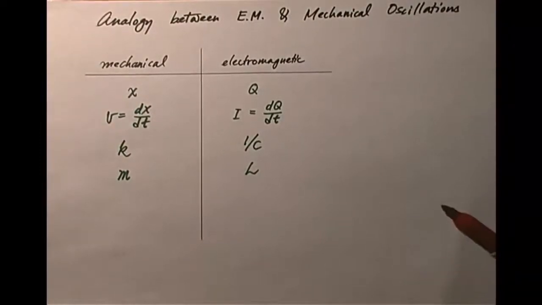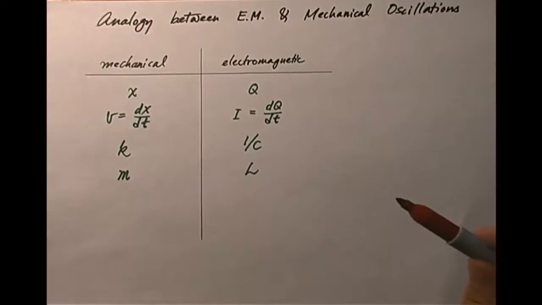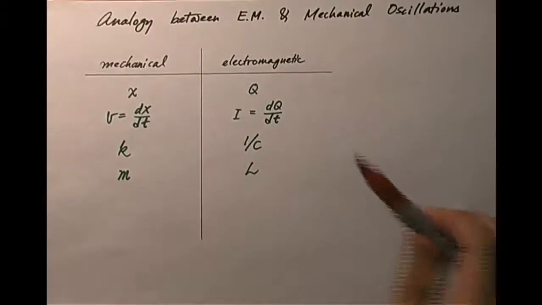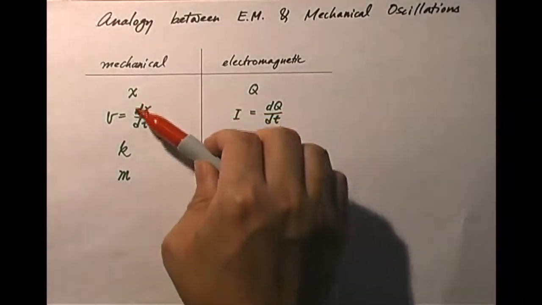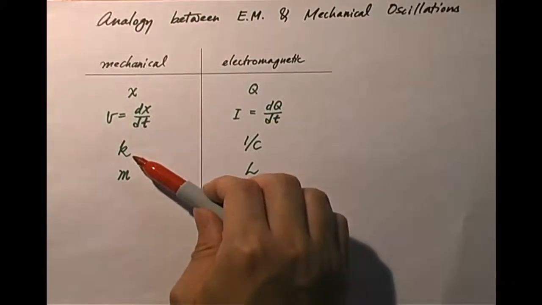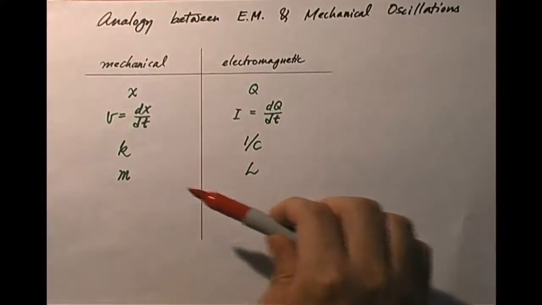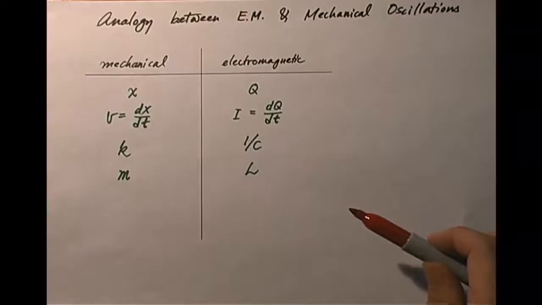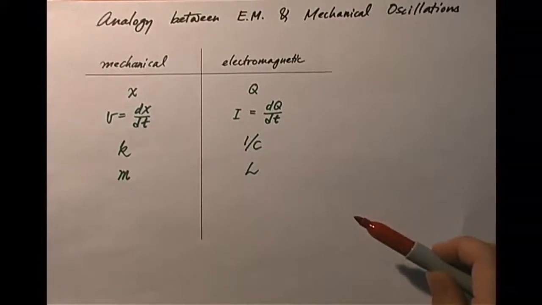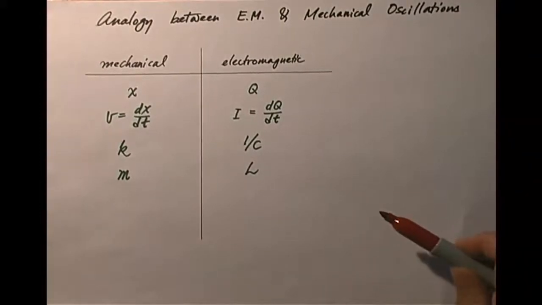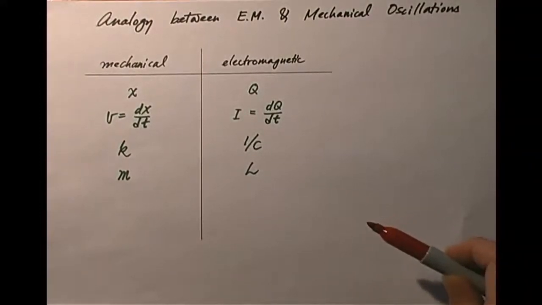Okay, what does a large spring constant mean? It means you give it a little bit of displacement, it gives you a lot of force. Okay, and then if you translate that to the case of a capacitor, if you have a very large capacitance, then you can put a lot of charge on it, and very little happens, right?